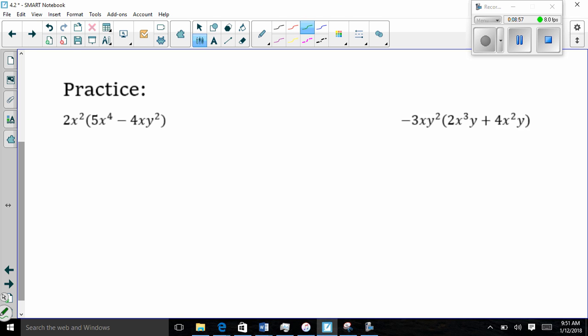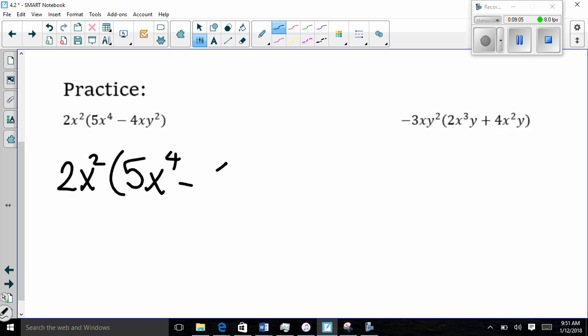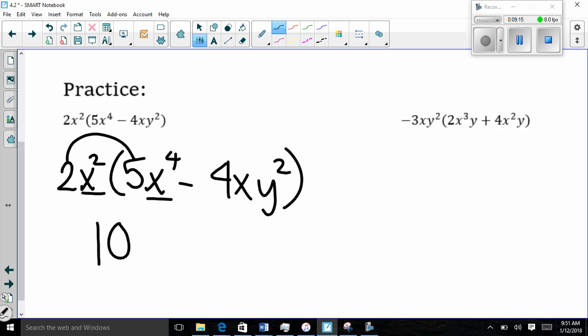All right, so hopefully you guys have it together. I'm going to put it all in one color. Okay, first we're multiplying the numbers, right? What's 2 times 5? 10. And are these the same variable? Are they the same letter? Cool. So what do I do with the exponents? And what do you get? Minus.